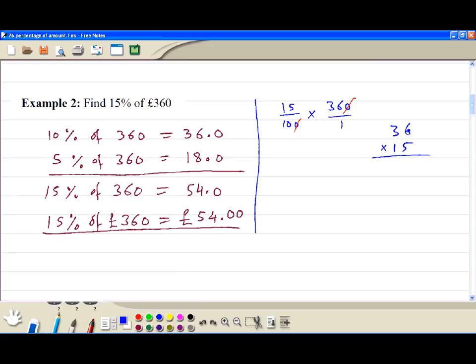So 6 times 5 is 30, carry 3. 5 times 3 is 15, plus 3 is 18. And add 0, 1 times 6, 1 times 3. Add, 14, carry 1, 4 plus 1 is 5. Now this time we're only dividing by 10. Then divide by 10, you get 54.